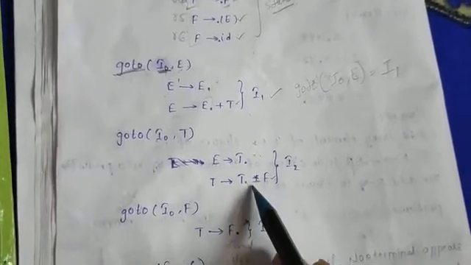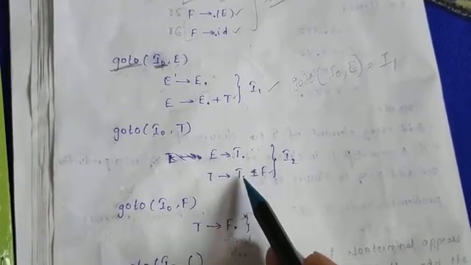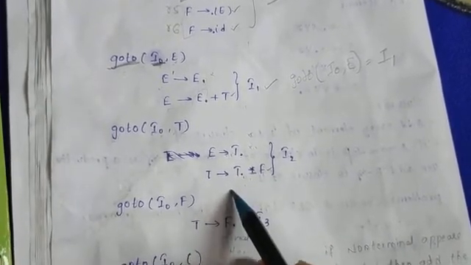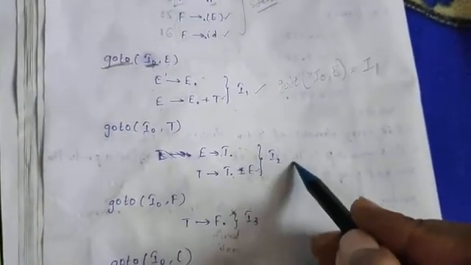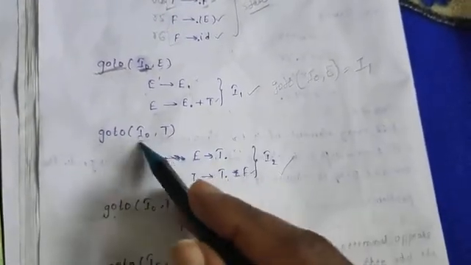Star is a terminal, not a non-terminal. For that reason, here we are not placing the productions related to T and F. There is no possibility of A tends to alpha dot B beta type procedure being implemented here.